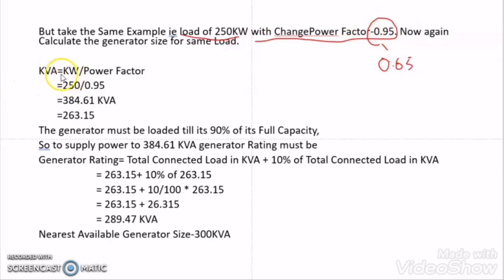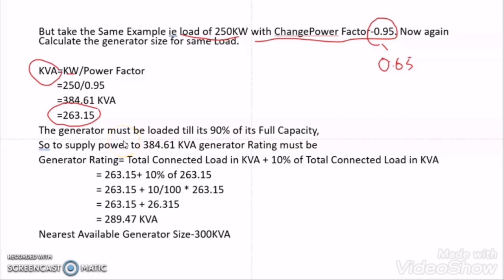As we did previously, we will calculate the kVA for this load. The kVA is equal to kilowatt divided by power factor. So we get the kVA 263.15. As I discussed earlier, we cannot load the generator to its full capacity or full rating.